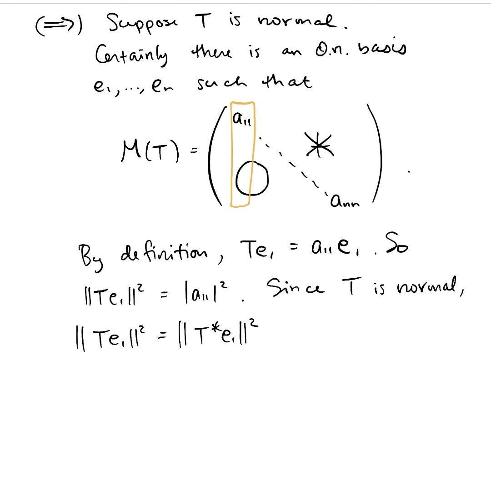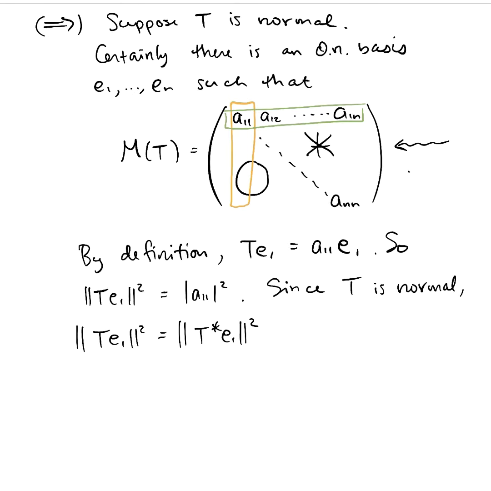Okay, cool, but think about what T star acting on E1 is. The matrix for T star would be the conjugate transpose of that matrix I just pointed at. And so the first column of T star's matrix is the first row of this matrix, but with everything conjugated. So we're going to box up that first row of the existing matrix, and recognize that if we conjugate all those entries, then we have in our hands the first column of T star.